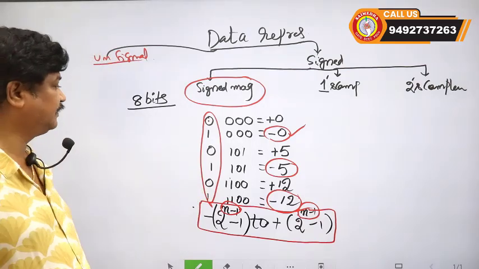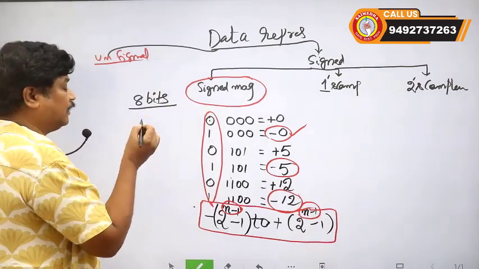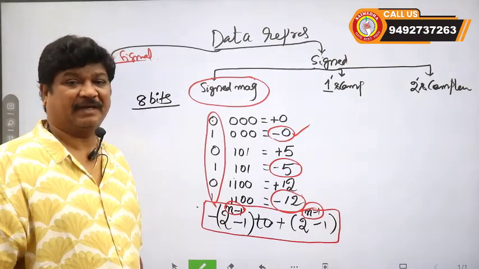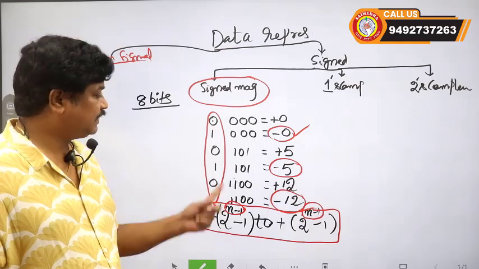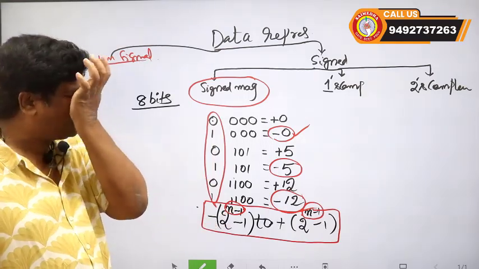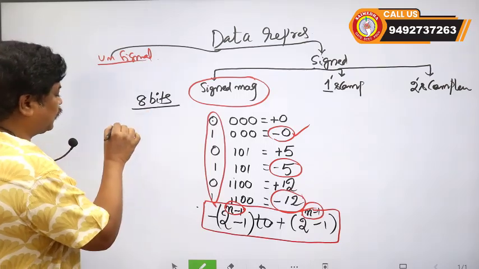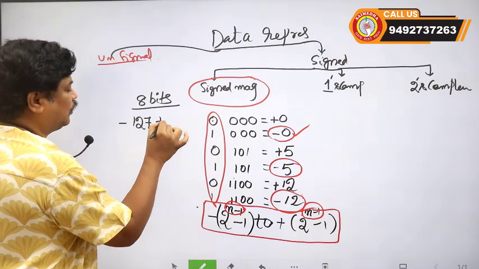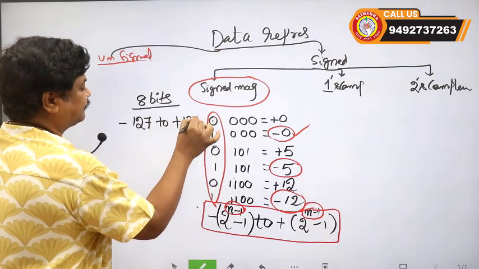Range means we are talking about decimal numbers, not binary. What is the range available here? Minus 127 to plus 127.